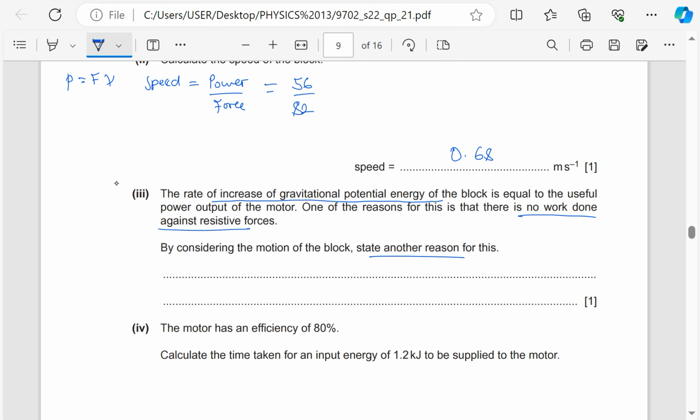So the second reason would be that at constant velocity, there is no gain or loss in kinetic energy. There's no change in kinetic energy of the block.